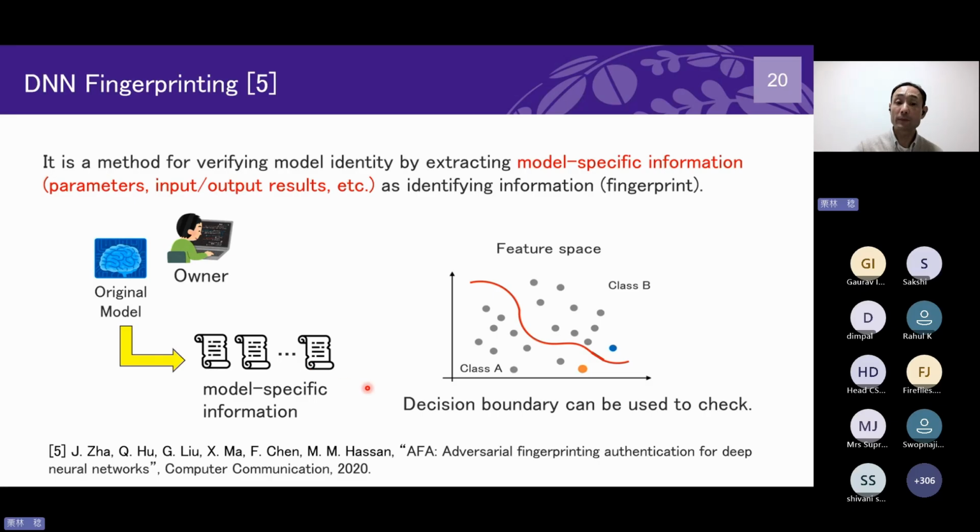So this model-specific information is checked by the query and response challenges. So now we think about how to find these samples. So these are decision boundaries. How to find these samples is the difficulty of this technique.